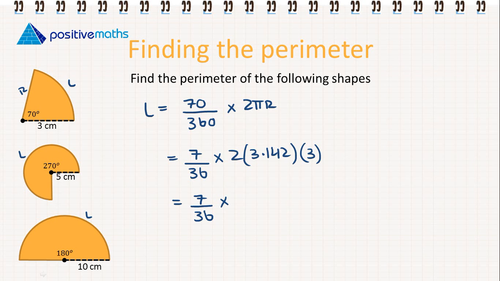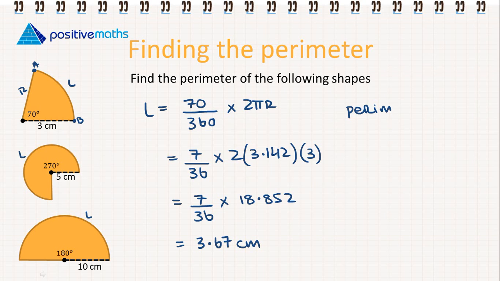So 7 over 36 multiplied by 18.852. I'm going to round to 2 decimal places, so we get 3.67 centimeters. That's the distance from this point here, A, to the point B along this arc.